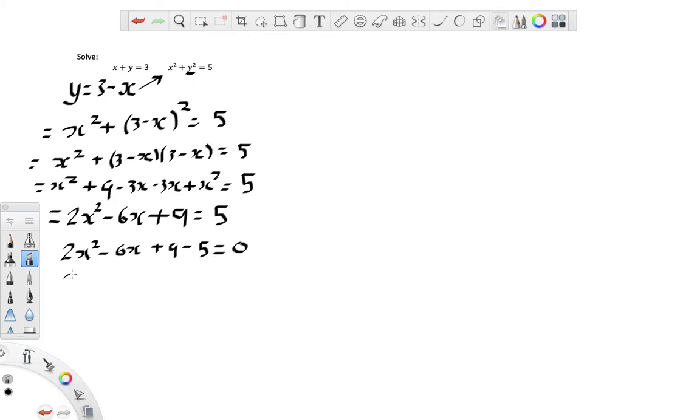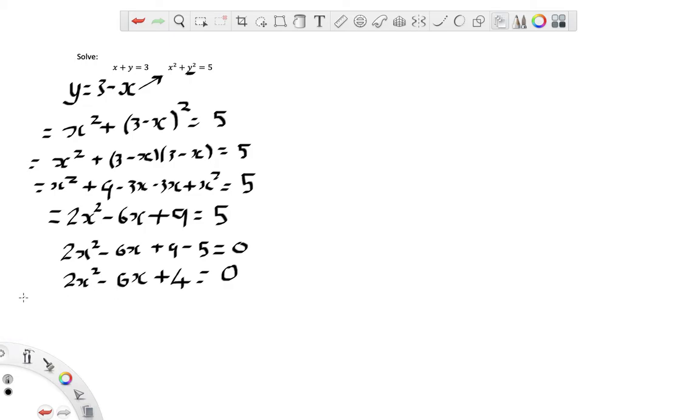Okay, so I can go a step further here. So I get 2x squared minus 6x, and then plus 9 take away 5, well that's positive 4. And that's all equal to 0. Okay, sneaky step here. As all of the terms in our equation are a multiple of 2, we can just divide this equation through by 2.